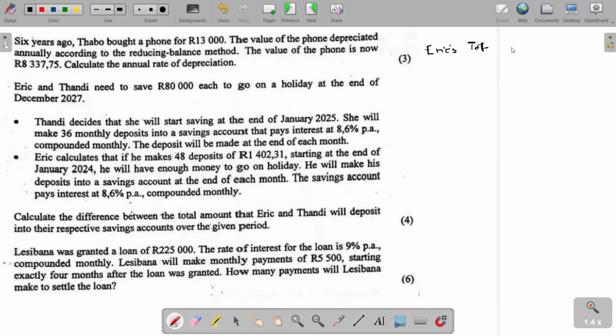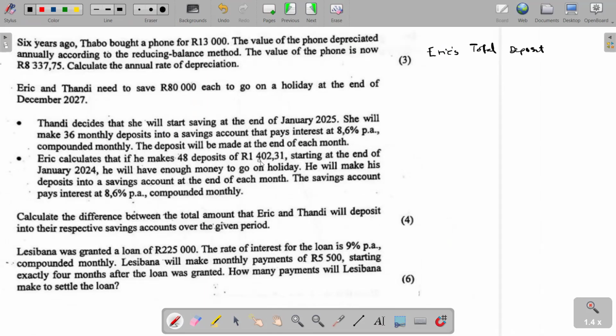So it will be the monthly deposit that he is going to be making, which we are told here is going to be 1,402.31 multiplied by the months he is going to deposit, and we are told Eric will deposit for 48 months. So the total that Eric will deposit is this one.